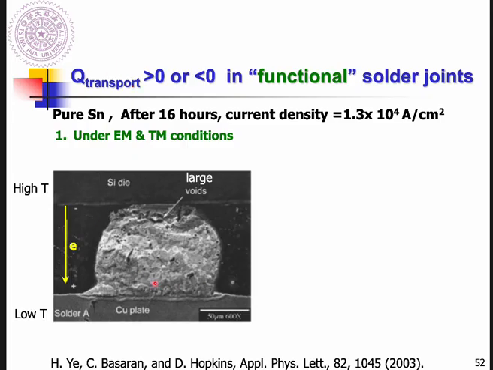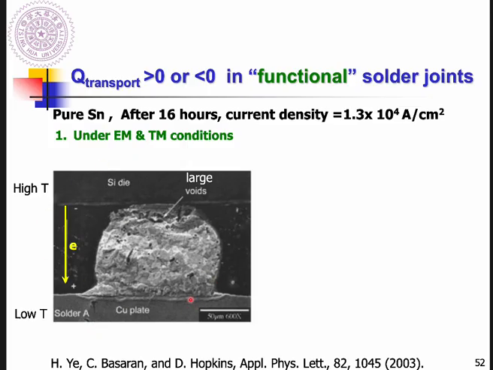the atoms here? So the question here would be, if I have pure tin serving as a solder bond, and this solder bond now is a functional solder bond, which means that you do have a current passing through it, accompanied with a temperature gradient acting on it.